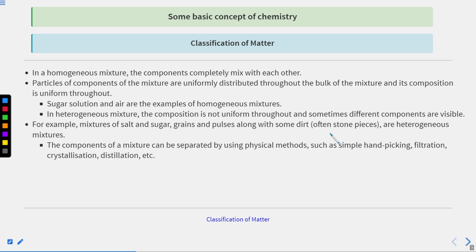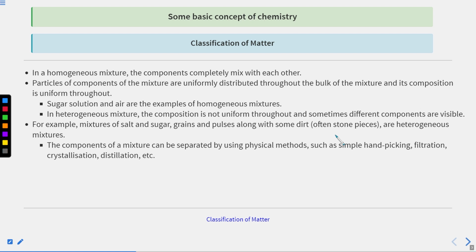And in some cases, the components do not completely mix, and the components are also visible. Suppose you take white salt and mix it with black salt. That will form a heterogeneous mixture because it will not mix completely, and the parts of the black salt and the white salt will be visible separately or individually.